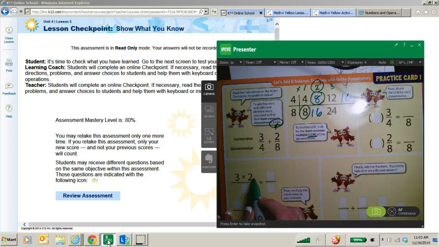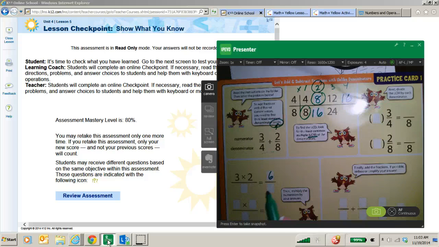So I have 3 times 2 would be 6. And then I know that my 8 is going to be on the bottom because I've multiplied 4 times 2 as well. And it says then you multiply the numerators by your answers.